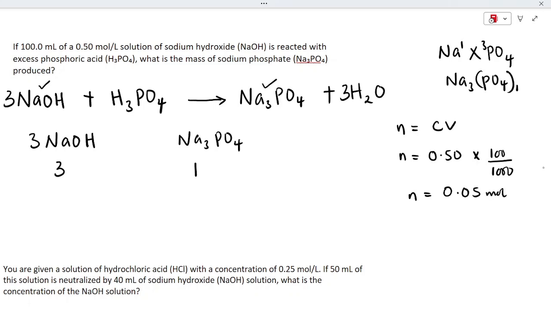moles. That simply means that, remember, this is referring to the number of moles of sodium hydroxide. Let's just put it sodium hydroxide. That's what we were given in the question. So therefore, if 3 moles produce 1 mole of sodium phosphate, 0.05 moles of sodium hydroxide will produce X. In this case, we cross multiply.